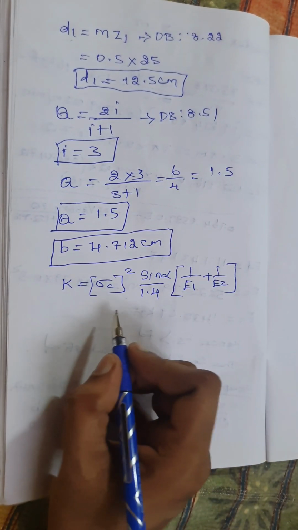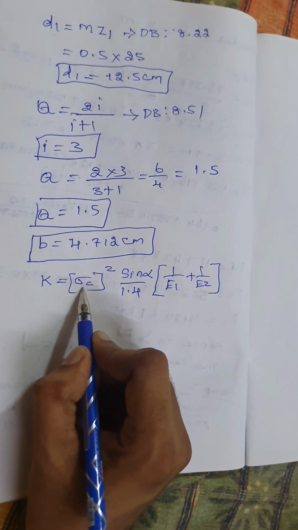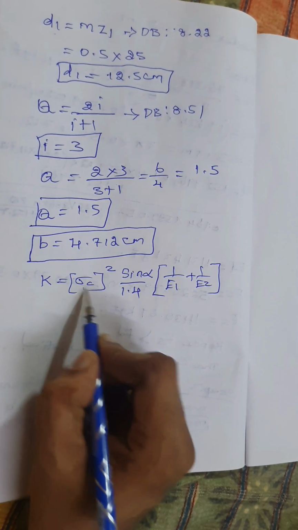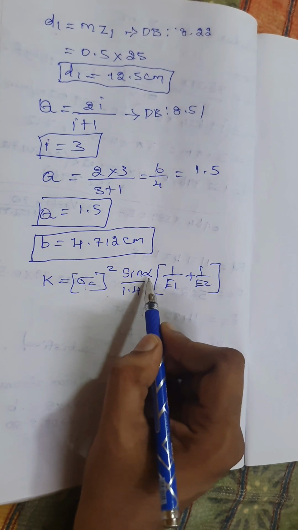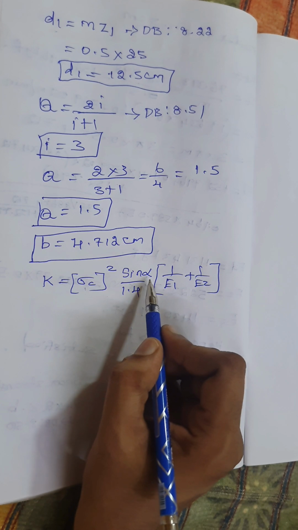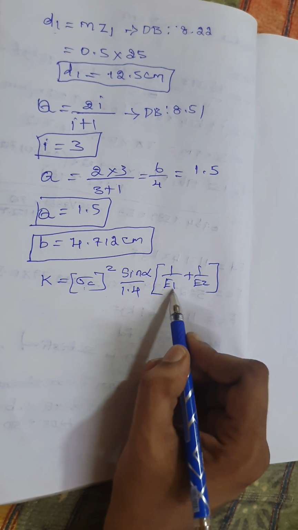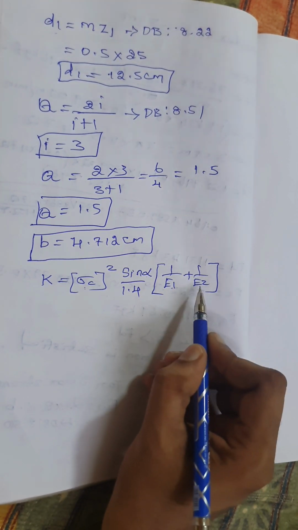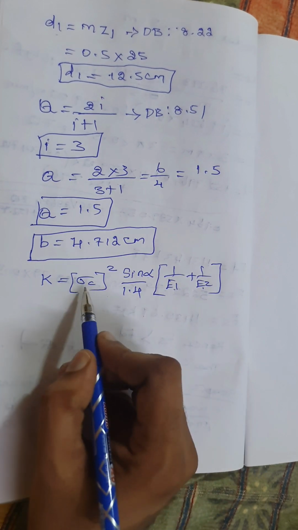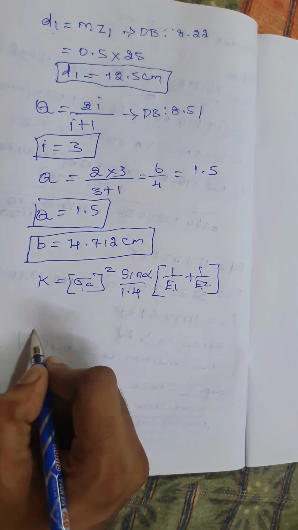Here the value of sigma C we have to calculate because it is not given in the question. Alpha is given in the question as 14.5 degree, and the values of Young's modulus 1 and Young's modulus 2 are not given in the question, so these values we have to find. First we have to find the value of sigma C.